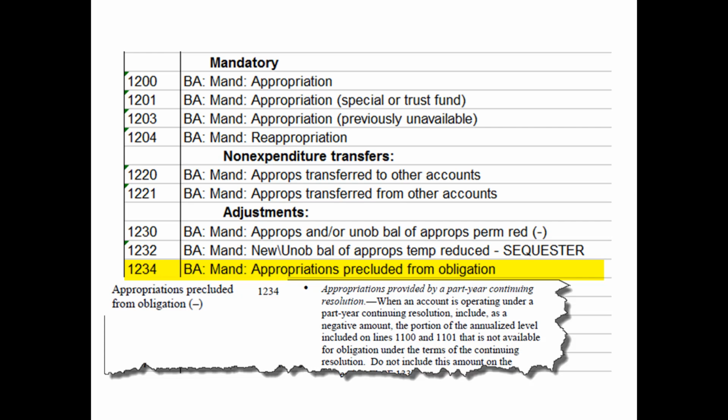Of course, since CRs apply only to annual appropriations acts, and only a few accounts receive mandatory appropriations in annual appropriations acts, Medicaid, payments to healthcare trust funds, child support enforcement, safe and stable families, social services block grant, foster care, and retired pay, most OPDIVs won't need to use this line on their apportionments.